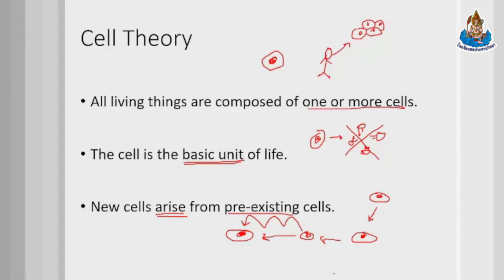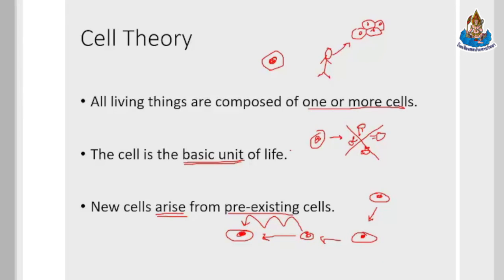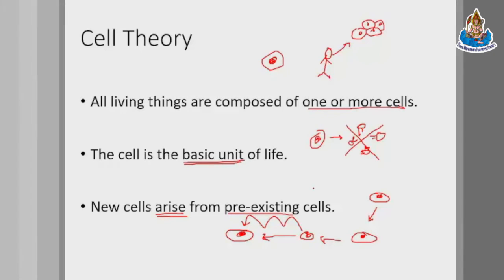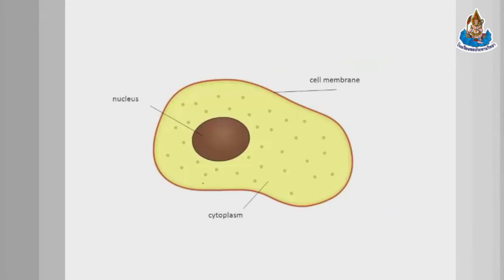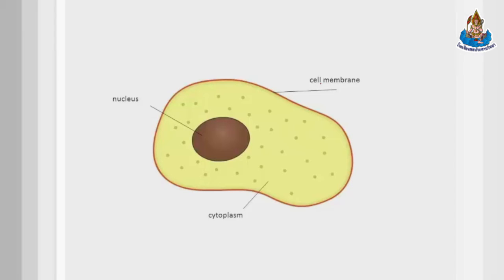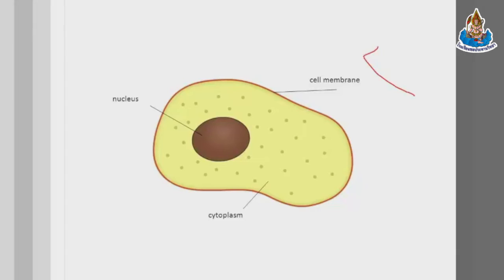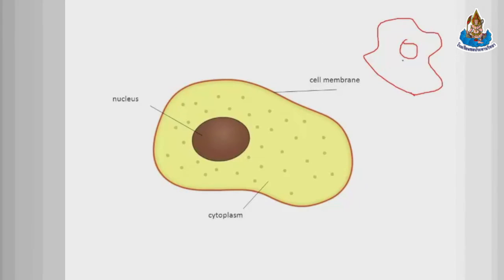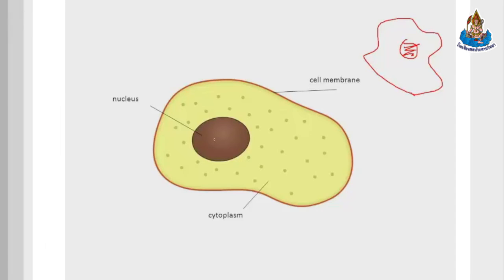This is the basic structure of a cell. Yeah, it looks like a fried egg. The yolk of the egg, we call that structure the nucleus. The edge of the cell, we call the cell membrane.